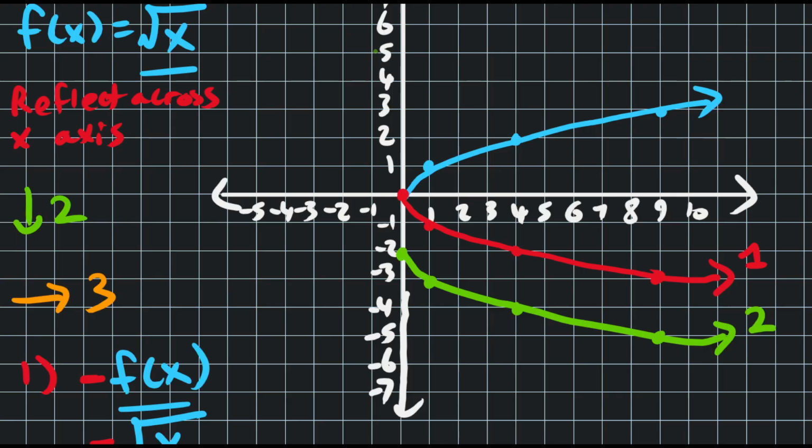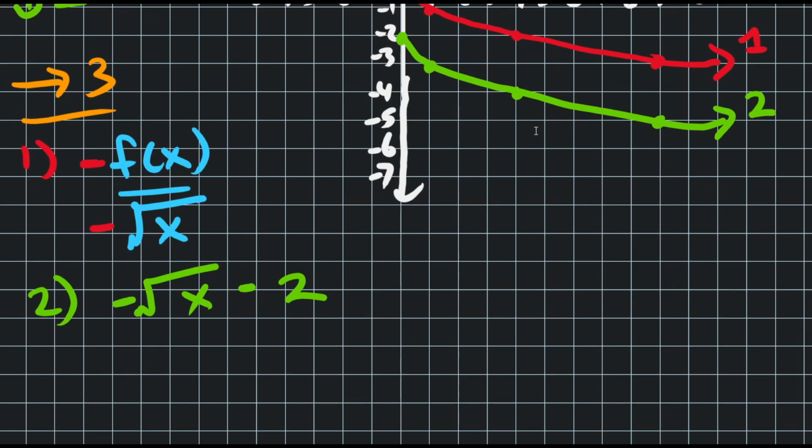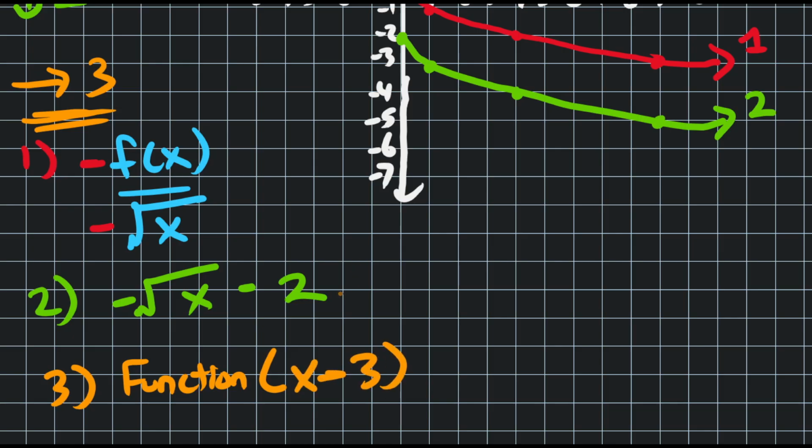Perfect. We're almost there. Now we have step 3. For step 3, we're going to shift to the right by 3. How do we shift to the right by 3? That is the function of x minus 3. So what is our function from the last step? It's negative radical x minus 2.